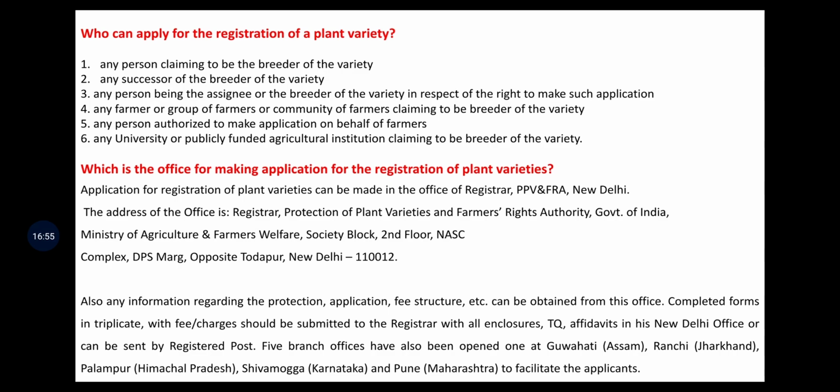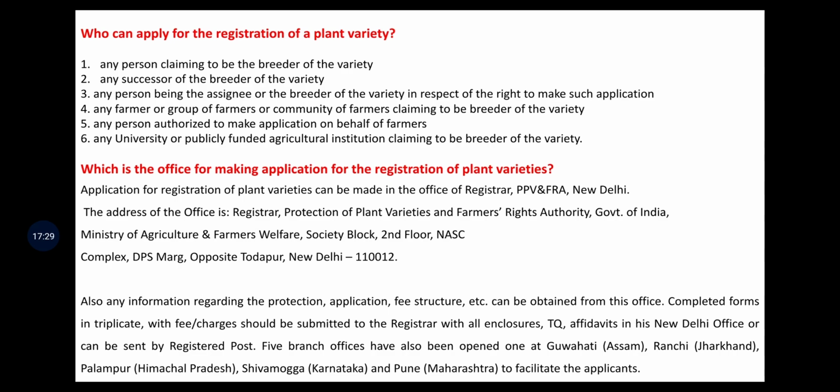You should also write the address of the office: DPS Marg, opposite Todapur, New Delhi. And before that you should write Ministry of Agriculture and Farmers Welfare, Society Block, second floor, NASC complex. Also, any information regarding the protection, application fee structure, etc. can be obtained from the other offices.